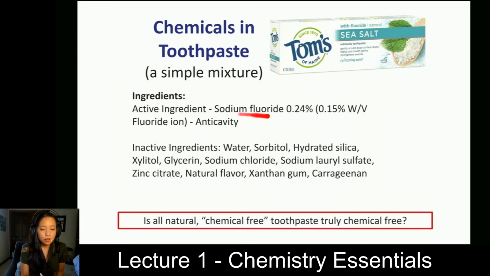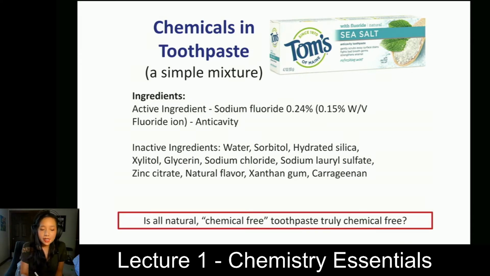You see sodium fluoride, which is an anti-cavity agent. That's the active ingredient in Tom's toothpaste. Some other ingredients include water, sorbitol, silica, xylitol, glycerin, sodium chloride. You probably have never heard of any of those chemicals except water and maybe sodium chloride. And that's all in this natural brand of toothpaste.